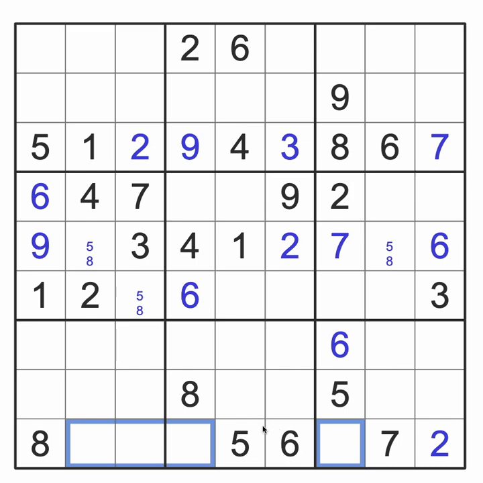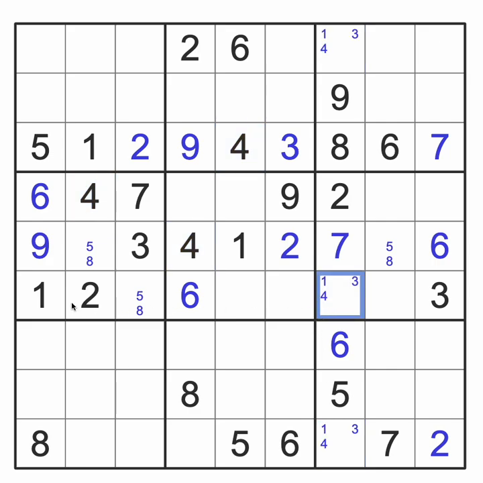Oh, I thought there was only 4. Oh, sorry. I have to look at this column first. This column is missing 1, 3, 4.